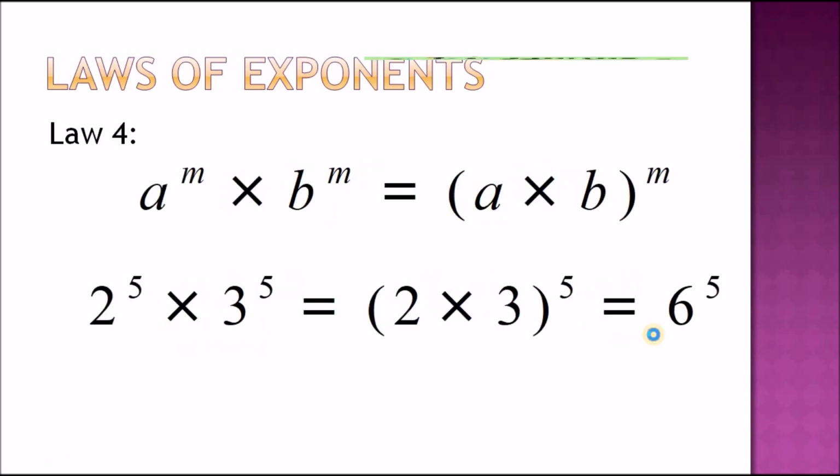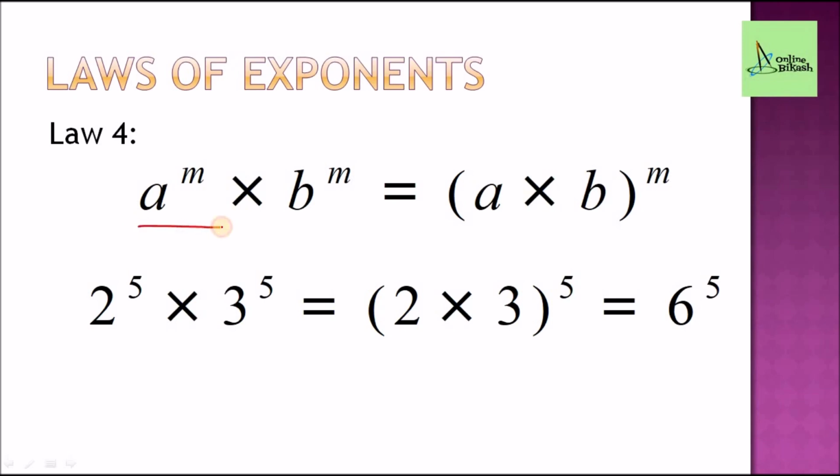So let us see the next law. In this case, you see this one: a to the power m and into b to the power n. What is the difference between the first law and this law? In the first law, the bases were the same. If you have noticed, the bases were the same, and that is the basic thing in the first law. But in this law, you have seen the bases are not the same.